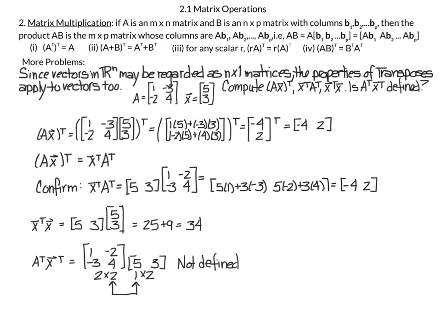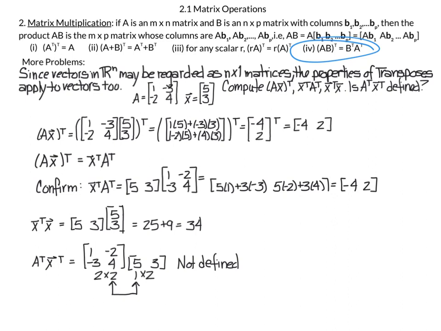So here inside I have negative 4, 2. To take the transpose, I'm going to have the row negative 4, 2. To compute this next x transpose A transpose, I'm going to use this property up here at the top of the page that I just circled in blue, which says if you have the product of two matrices and then you take the transpose, that's equal to each matrix transposed, and also the order of the matrices is changed.